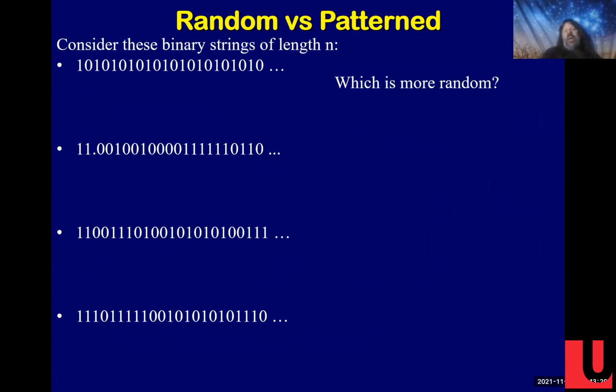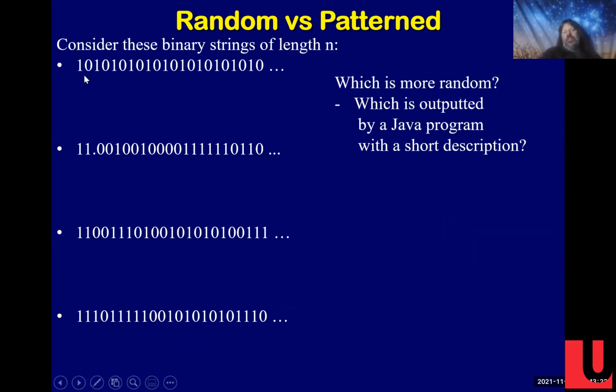So in order to get away from this, I'm going to ask a new question about which one's more random. Which one can be outputted by a Java program with a short description? The way we're going to get these strings is you give me a Java program with the shortest description possible, and we run it on no input.